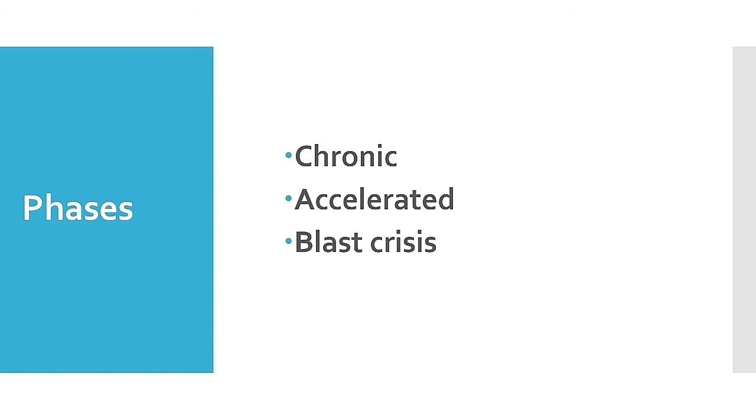Now let's look at the phases of CML, or chronic myeloid leukemia. CML has three kinds of phases. Number one is the chronic phase, the second one is the accelerated phase, and the third one is the blast crisis phase.